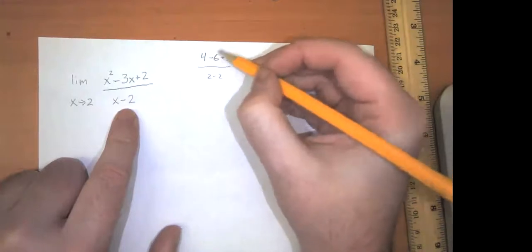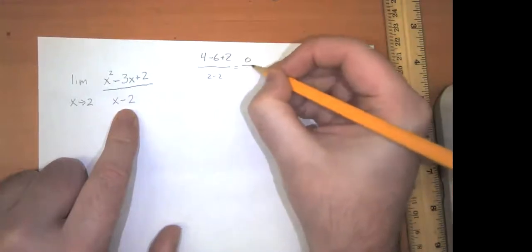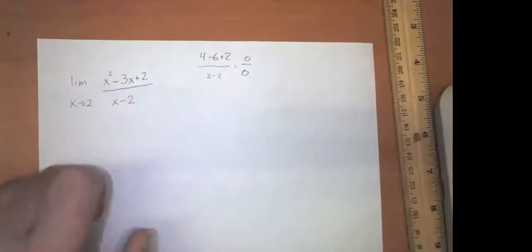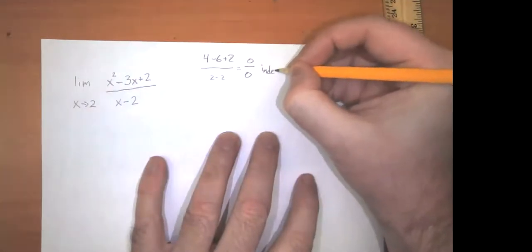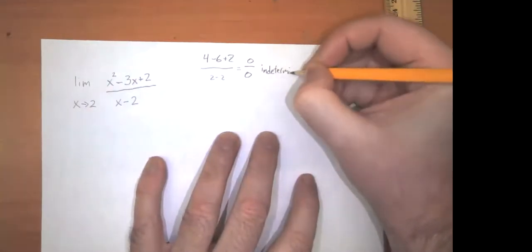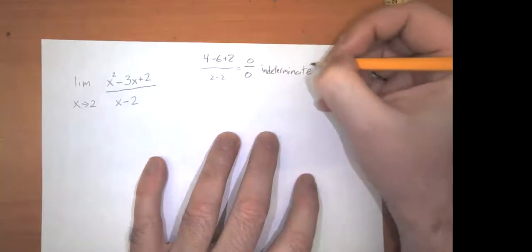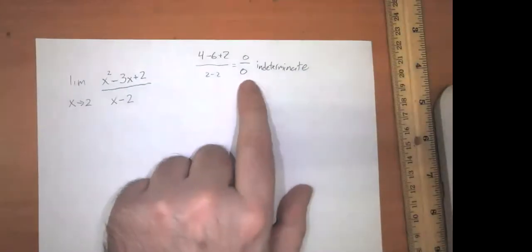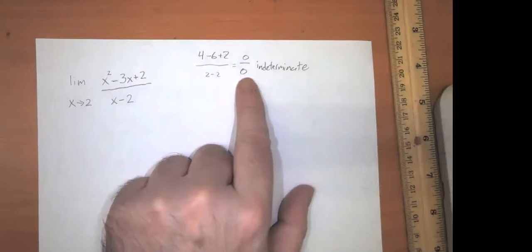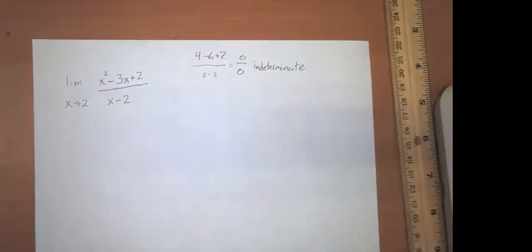So 4 and 2 is 6, take away 6 is 0, and 2 minus 2 is 0. 0 over 0 is what we call an indeterminate expression, which means that it doesn't really mean anything. 0 divided by 0 could be any number at all. So we're going to have to do a little work to figure out which number it is.